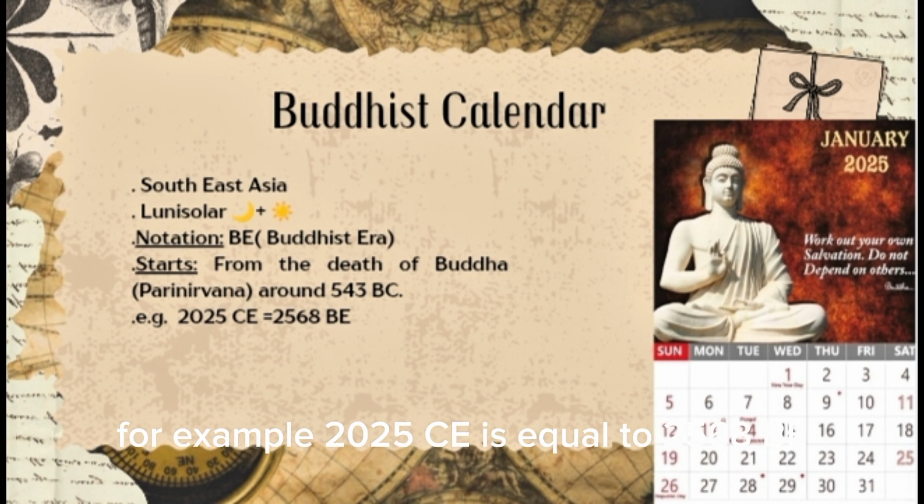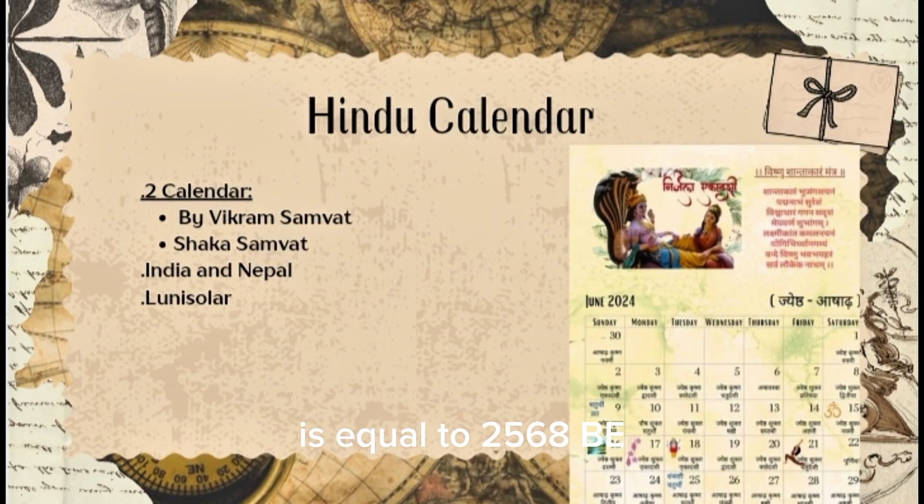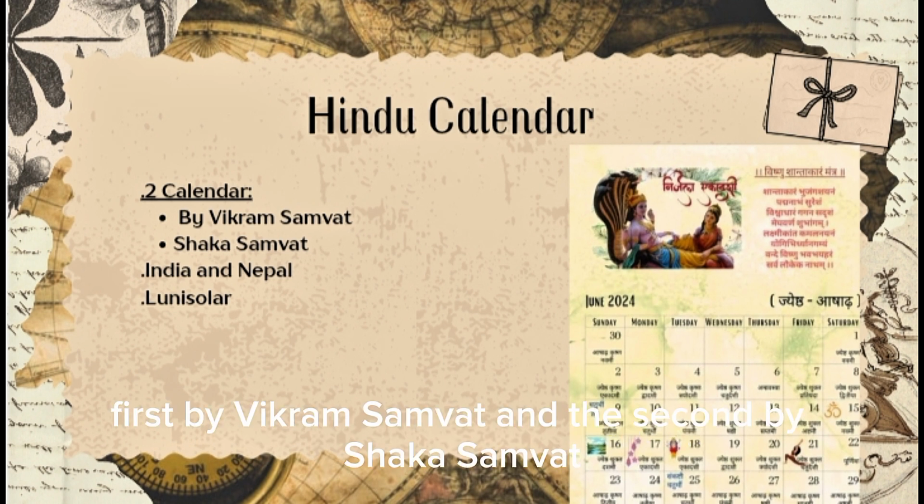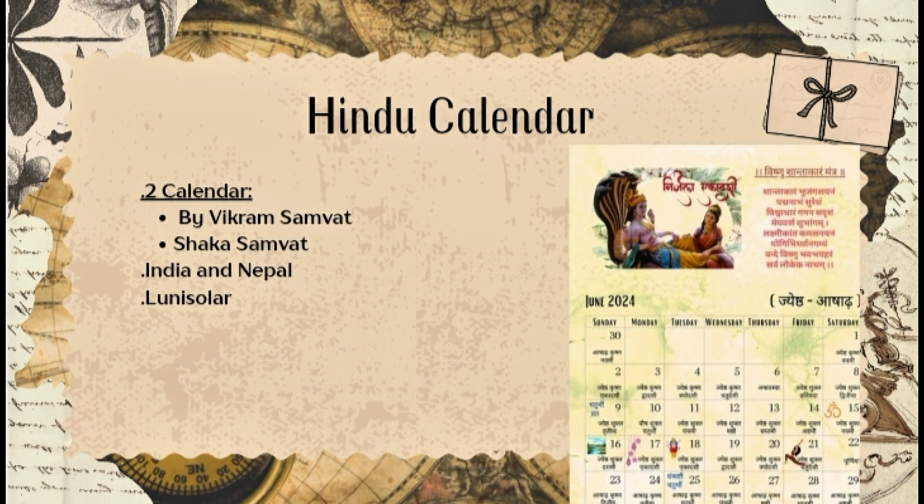For example, 2025 CE is equal to 2568 BE. Hindu calendar. There are two Hindu calendars, first by Vikram Sambat and the second by Shaka Sambat. It is usually used in India and Nepal. These both are lunisolar calendars.